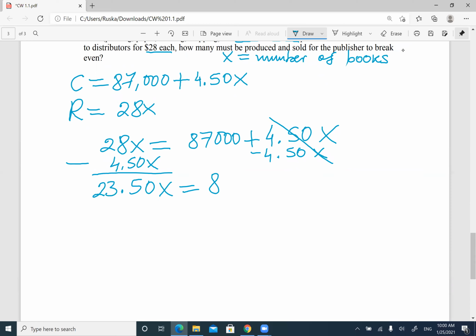Equals 87,000. And then I have to divide both sides by 23.5.